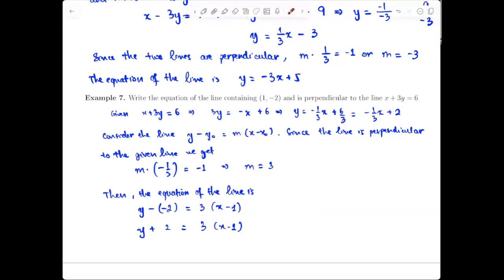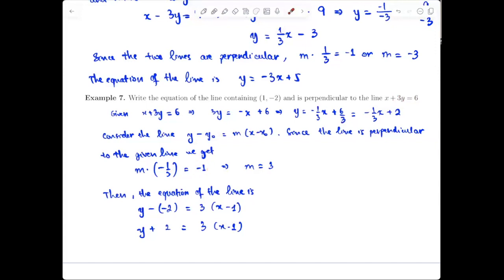Okay, so since the line that you're looking for is perpendicular to the given line, that means that the product of the two slopes needs to be equal to -1. So let's say m is the slope of the line that you are looking for, multiplied with the slope of the line that it is perpendicular to, the product is equal to -1.